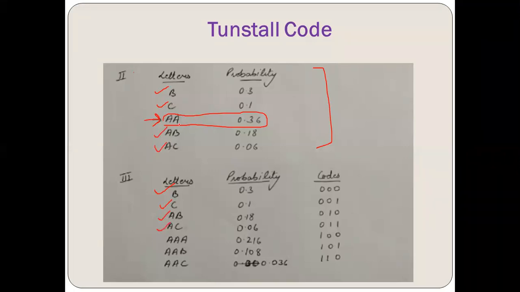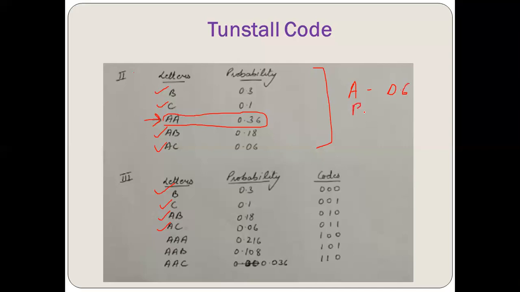Now I have to multiply this AA with the initial table. And what was the initial table? The initial table was A, 0.6.